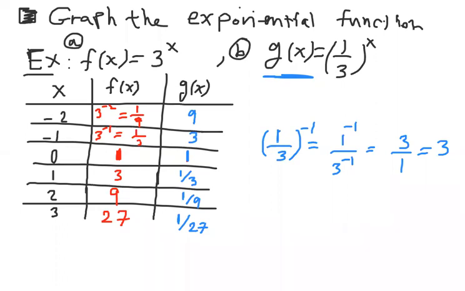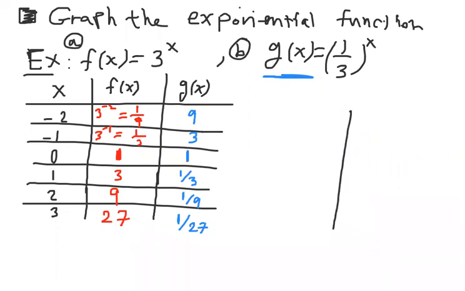So again, how can we graph this function? By using the points. For the function f of x, we start graphing here. At 0 it is 1. At 1 it is 3. At 2 it is 9.